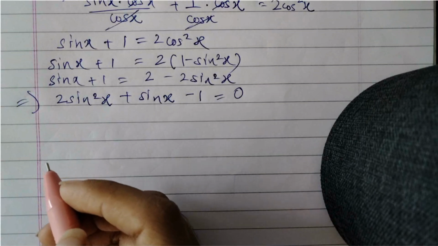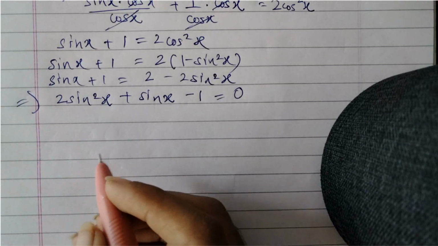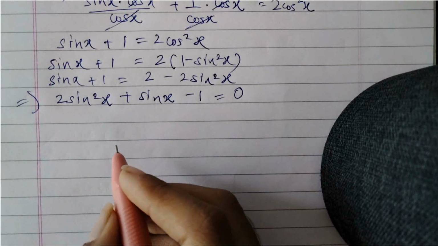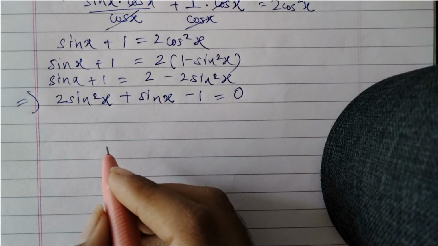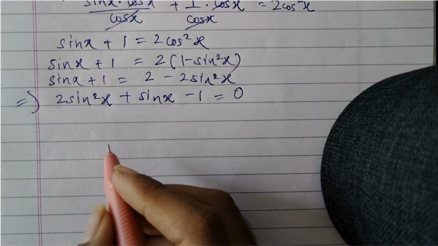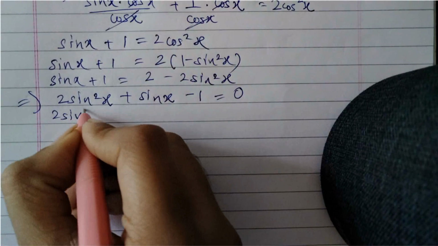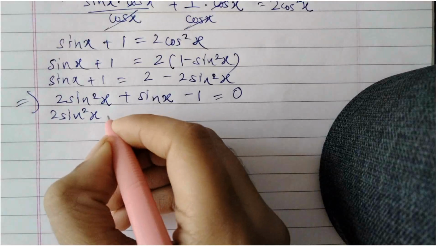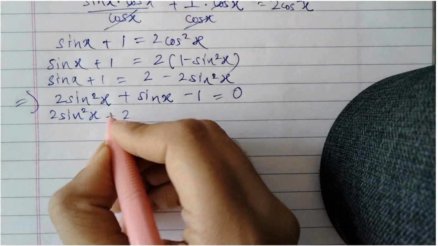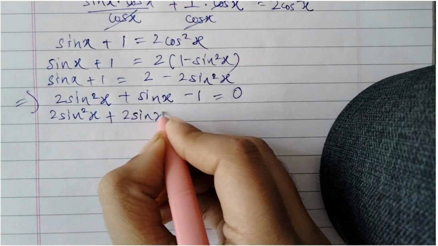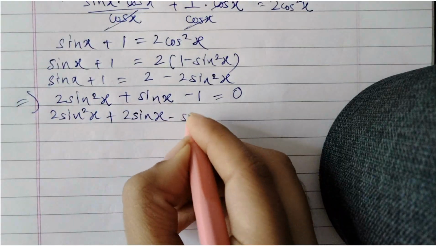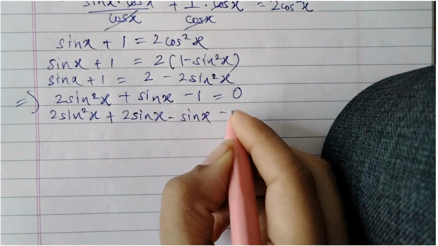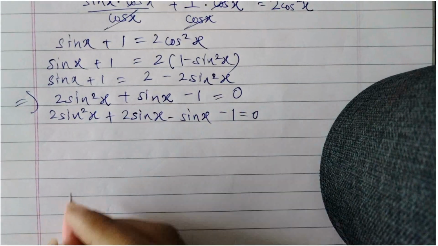To solve this quadratic equation, let us split the middle term. So that will be 2 sin square x plus 2 sin x minus sin x minus 1 is equal to 0.